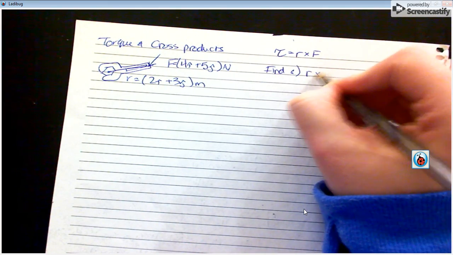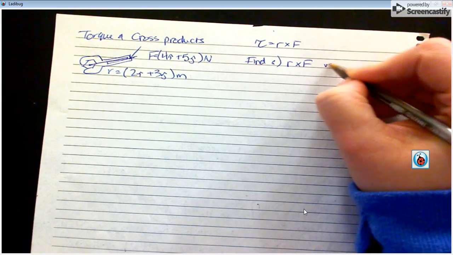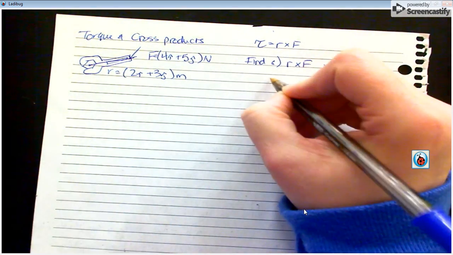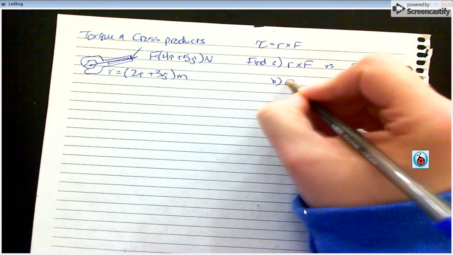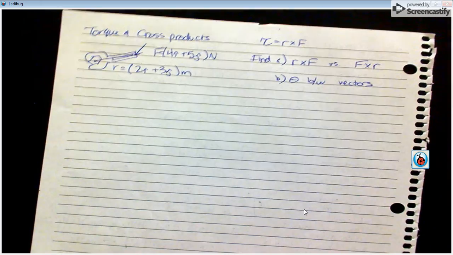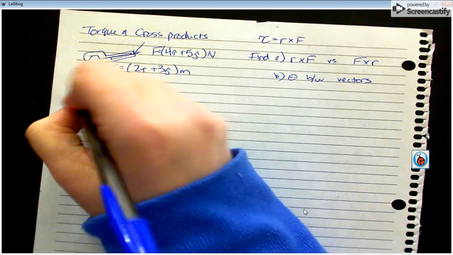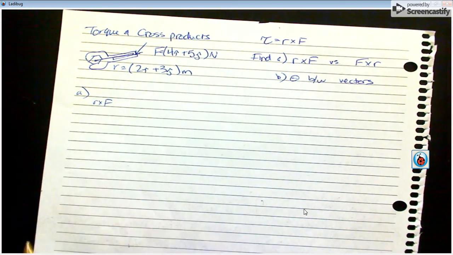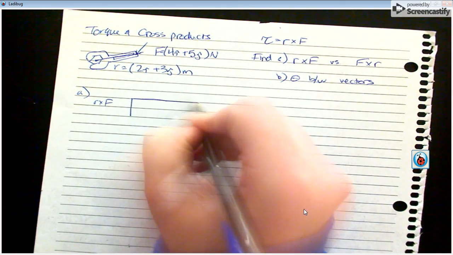Now we're going to find a couple things. We're going to take R cross F, and we're going to compare that to F cross R. And then we're going to find the angle between our vectors. So first, let's take R cross F, make our matrix.